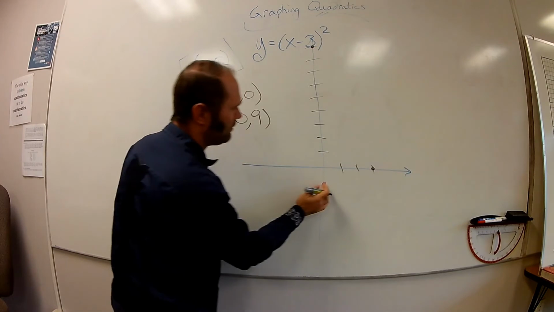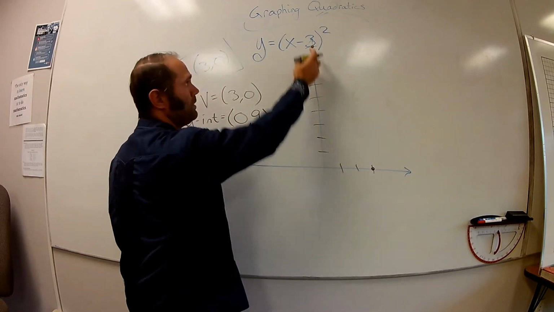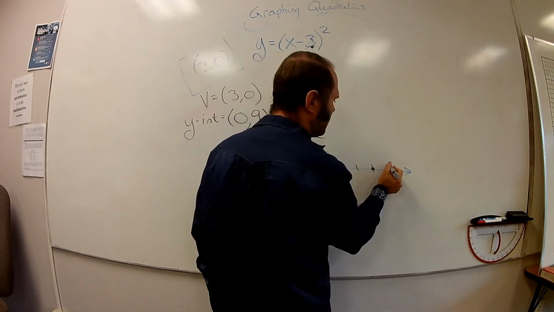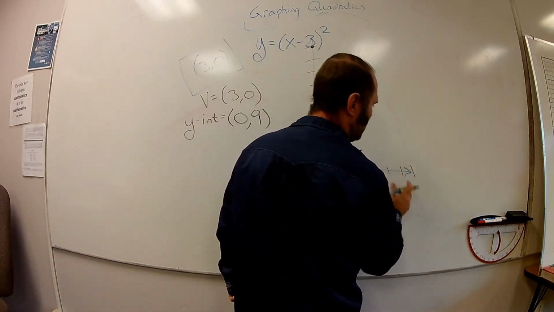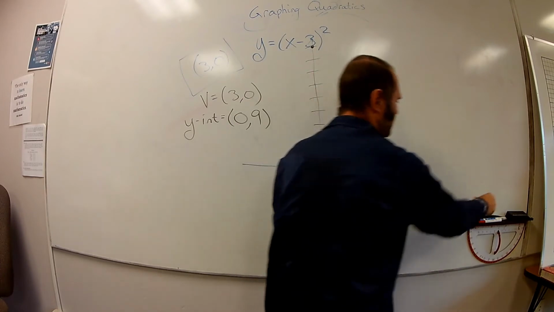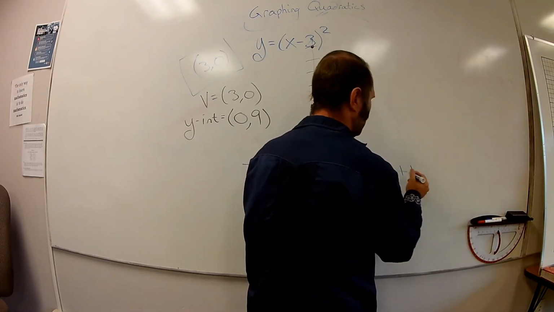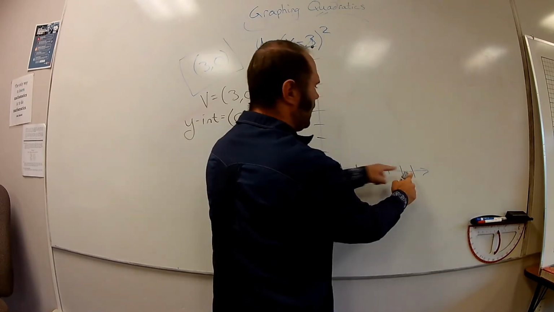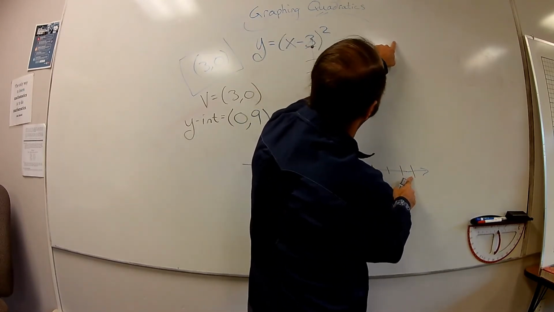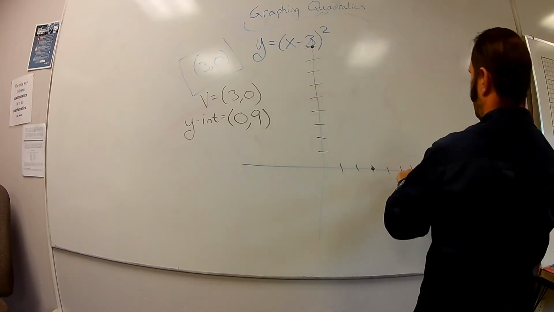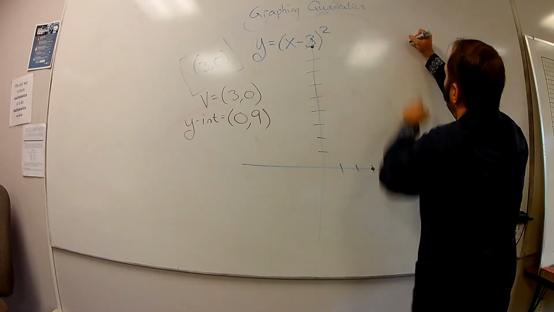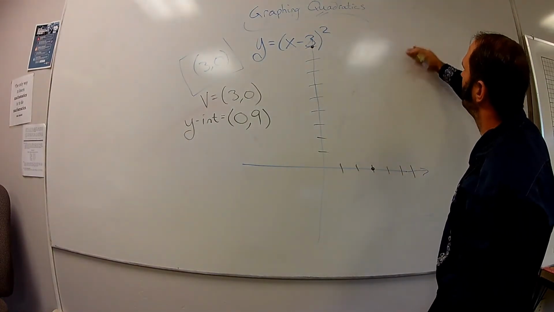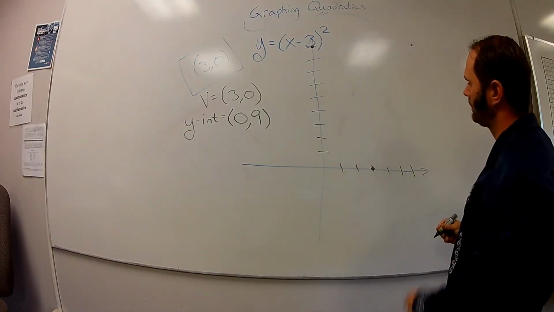So we had to go left 3 and up 9 from this point, the vertex. So we'll go right 3, and up 9. And I made that a little high. Let's go a little up there now.